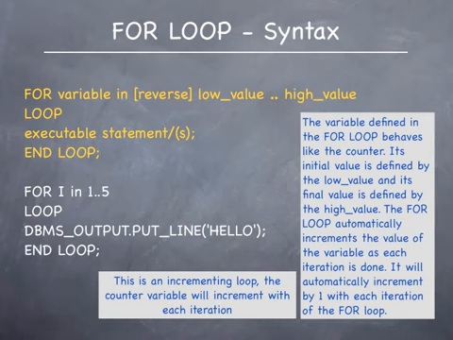When it's incremented by 1, it's called an incrementing for loop. As long as I does not exceed the final value, the statements between the loop and end loop will be performed. As soon as the variable declared in the for loop goes past the final value, which is the high value, execution of the for loop will stop.